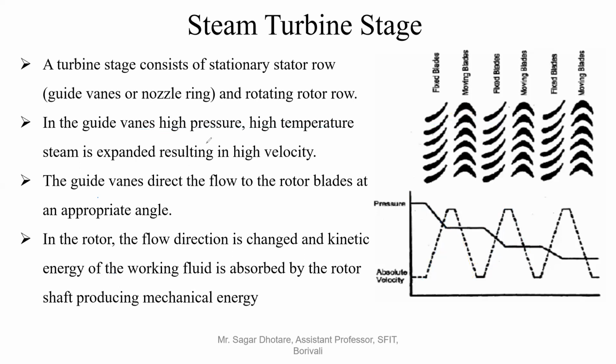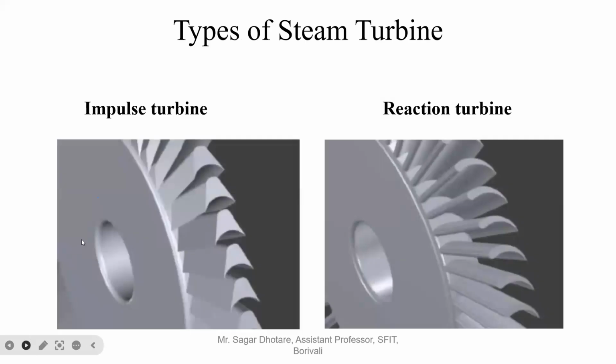So it is the basic procedure of how a steam turbine works, as explained here. Next you can see the basic construction of the blades of an impulse turbine and a reaction turbine. Throughout this series, we will discuss only the impulse turbine, the reaction turbine, and their types.